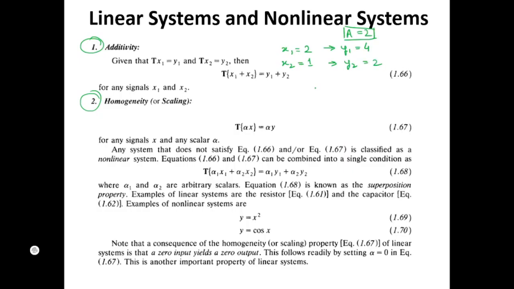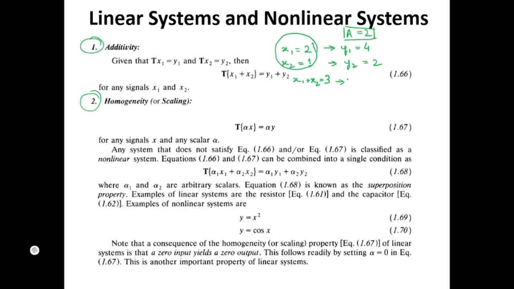Now, what we have to check is that when we add up these two values, x1 plus x2, what is the input value? 3.